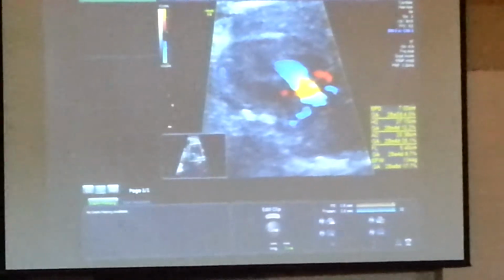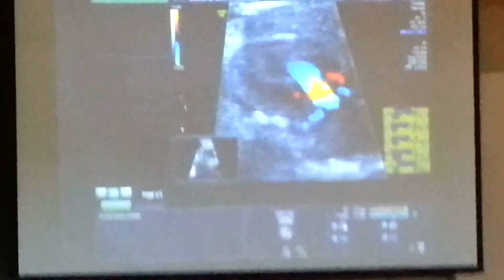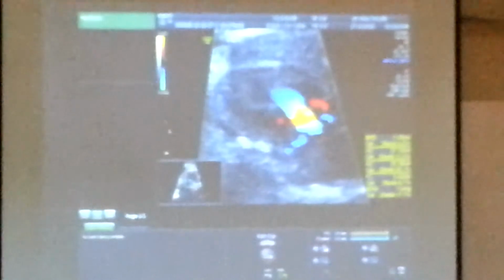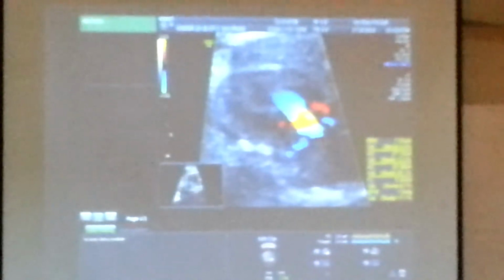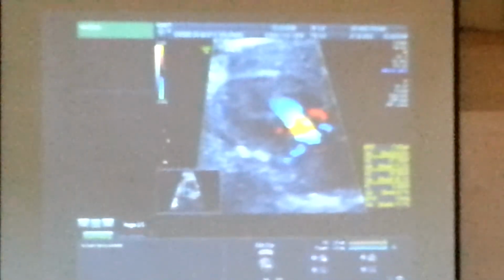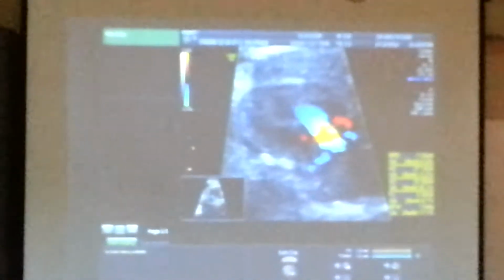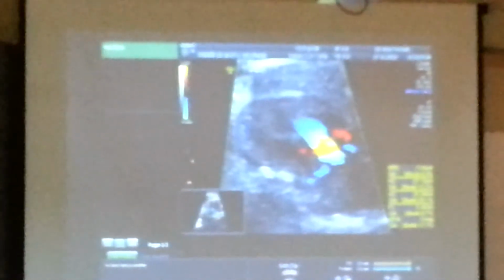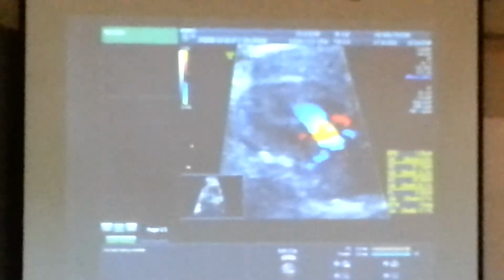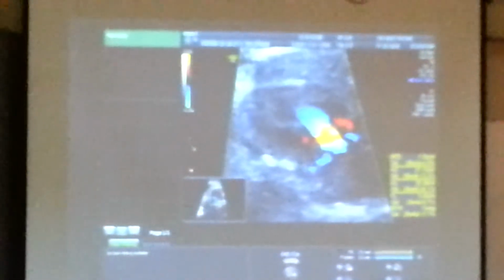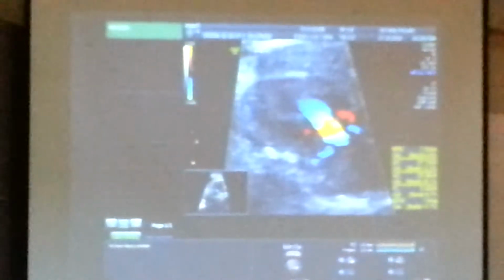Okay, the blue one there is the aorta, the left ventricular outflow tract, and the red one is the right ventricular outflow tract. So you can see they are crossing each other at the origin there. So in this type of case we can confidently say there is no transposition of the great arteries.